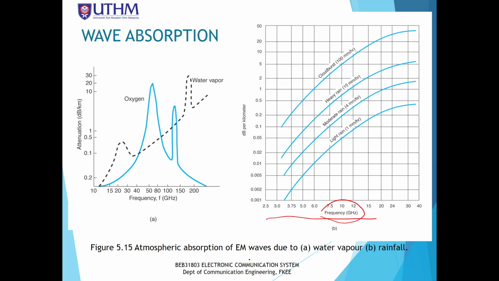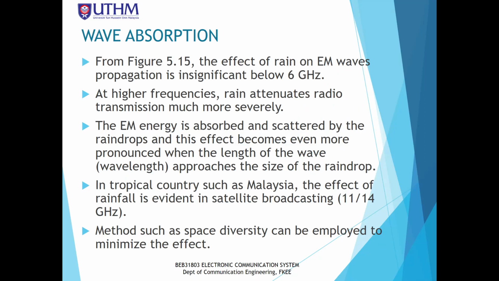So the higher the frequency, you see that the absorption becomes higher. Okay, regardless of the type of particles, when we operate at a high frequency, when we use a higher frequency, the absorption becomes higher.